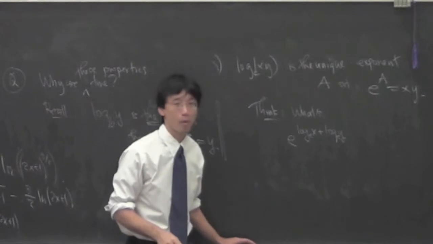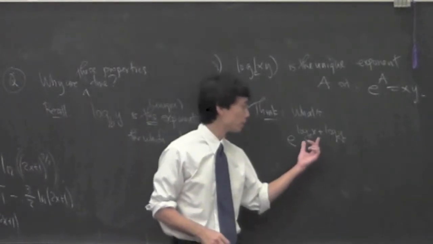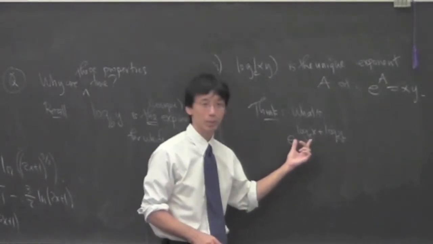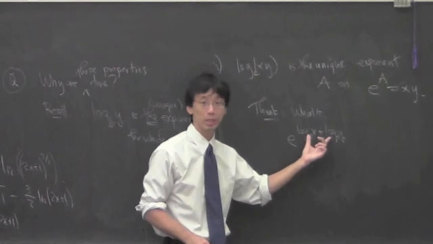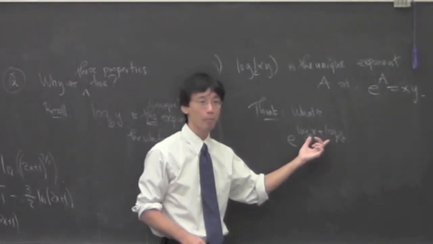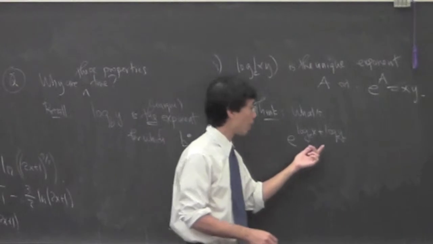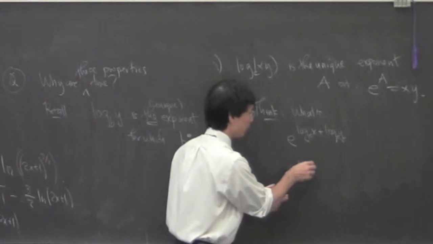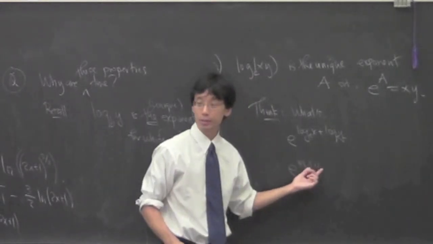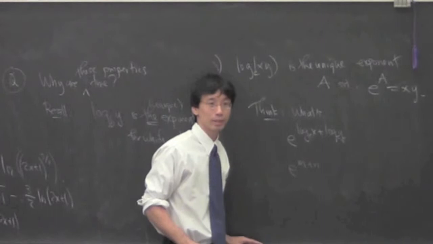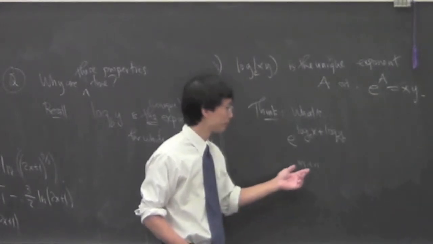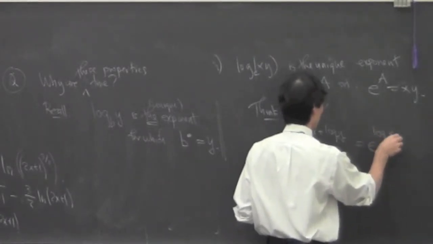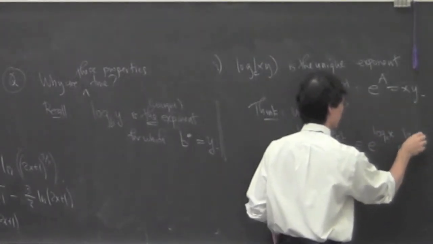By the properties of exponents, e to the m plus n is what? What's something to a sum of exponents? It's e to the m times e to the n.